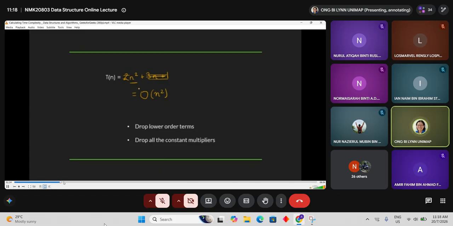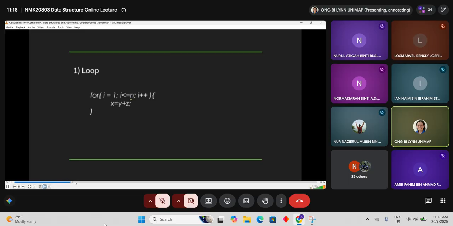Now, let's look at some rules for finding out the time complexity in algorithms. First, let us look at how we calculate the time complexity of a single loop, which takes n times time. Okay. For this, you have just one loop. And your loop has n as the variable. The constant here does not take a long time because it is a constant.